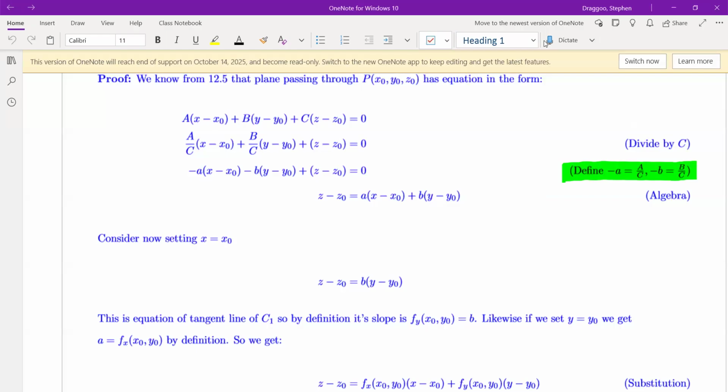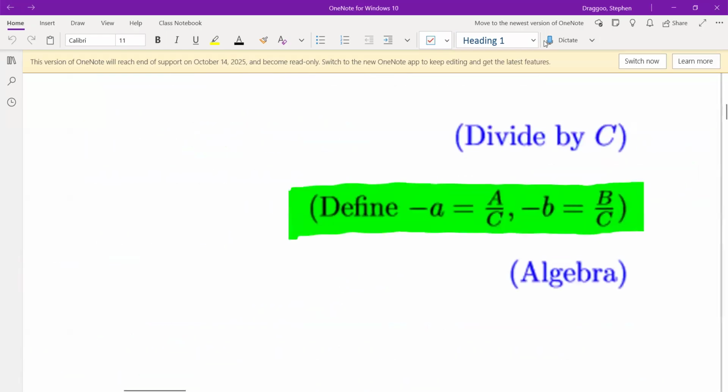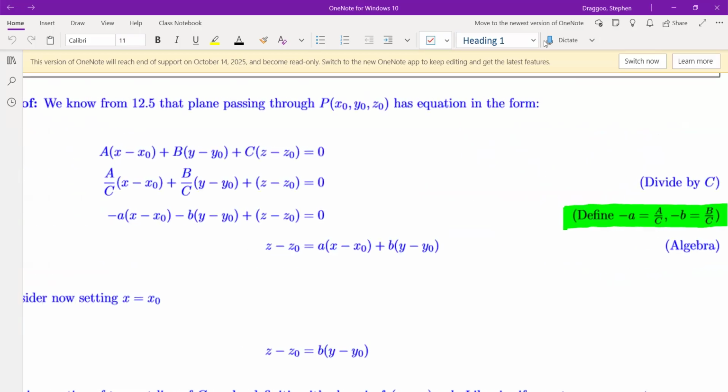If we just solve that thing so that we get the z's by themselves, we end up with that basic equation of the tangent plane where z minus z naught is equal to a times x minus x naught plus b times y minus y naught, where a and b are going to have this definition right over here. Little a is negative capital A over capital C, little b is negative capital B over capital C, where those capital A, B, C's came from the equation of the plane. Right? They are the components of the normal vector, A, B, and C.